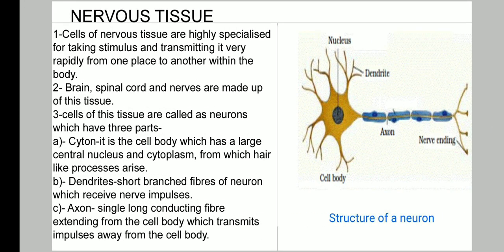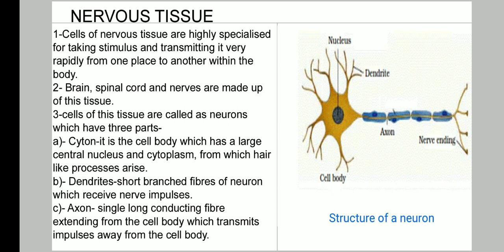Now the next type of animal tissue is nervous tissue. Nervous tissue is made up of nerve cells, which are called neurons. Cells of nervous tissue are highly specialized for taking a stimulus and transmitting it very rapidly from one place to another within our body, not out of the body.